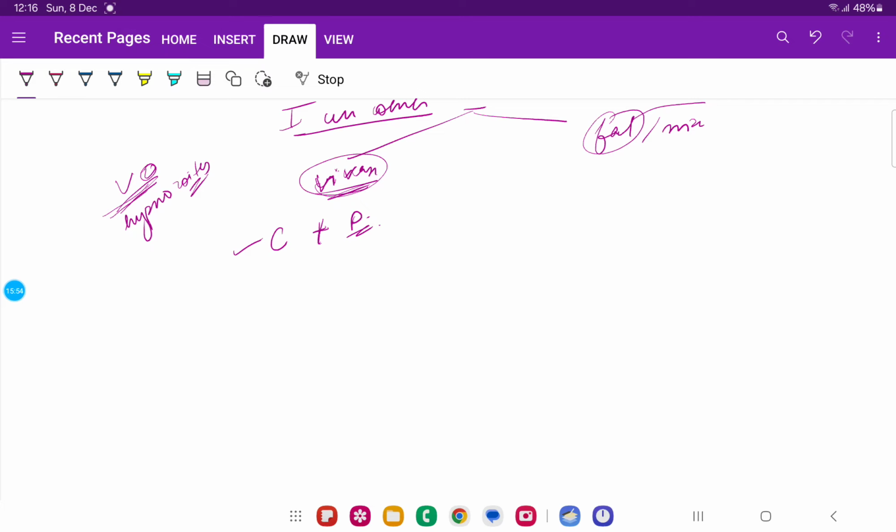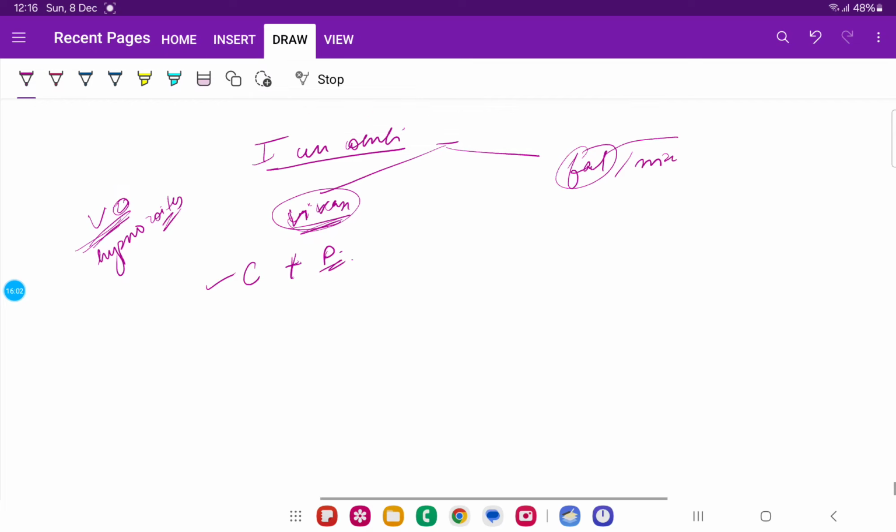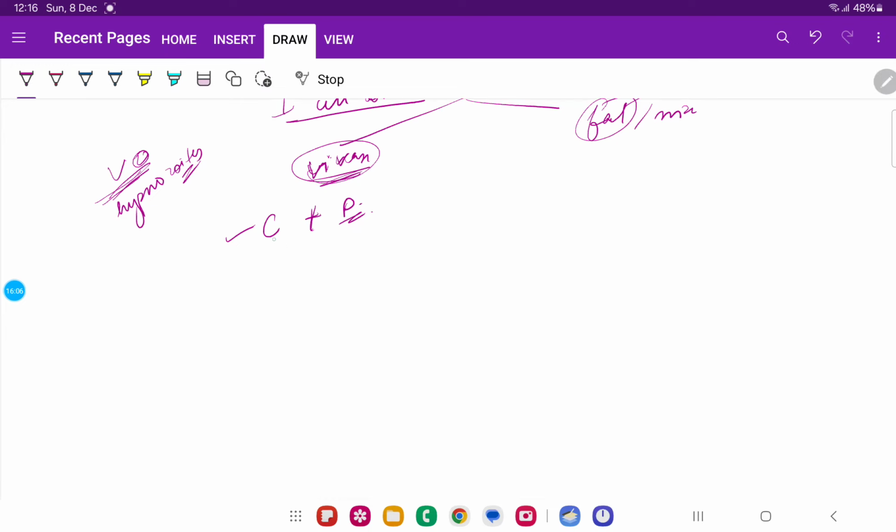Recrudescence is the phenomenon where, even after completing the treatment, the Plasmodium parasite is still detected in the blood. So chloroquine plus primaquine: here the primaquine dose is 0.25 mg per kg once daily for 14 days.